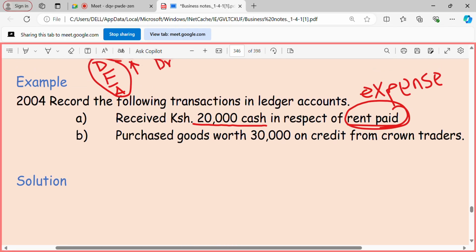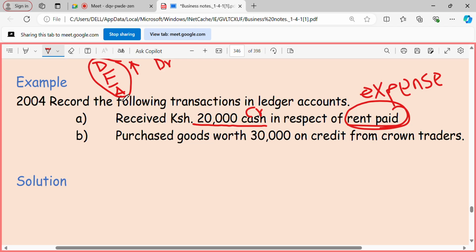And within this DEA, where D is for drawing, E is for expense, you have seen that the rent account has increased. And tumeona that cash is an asset, and it has decreased. When you are paying for something, the money that you have is basically decreasing because you are giving it away. So that transaction, we can record it twice.